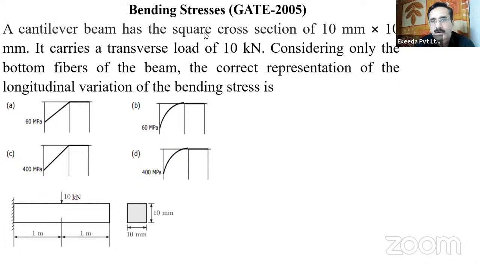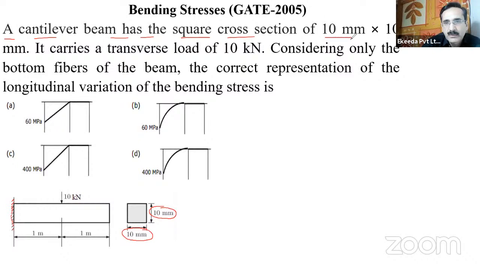Let us take one more example. In this question, it is given that a cantilever beam is there, figure is also given to us. Cantilever beam has square cross section, 10 millimeter by 10 millimeter.